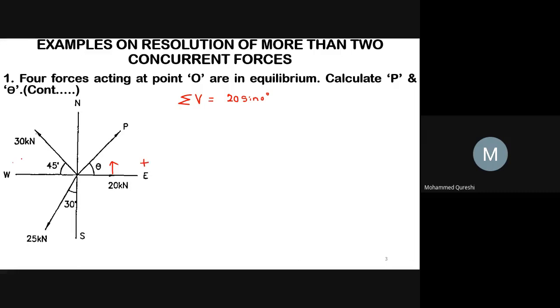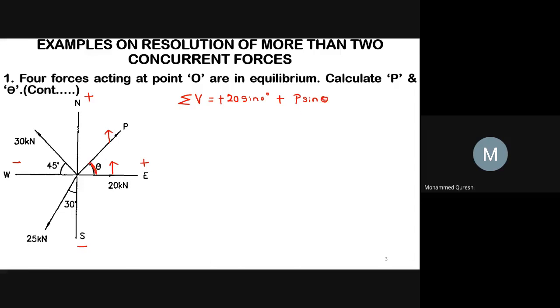Again we will put here plus minus so that we can easily get the data. So 20 sine 0 will be plus, then the vertical component of P, plus P sine theta, making an angle theta with horizontal.